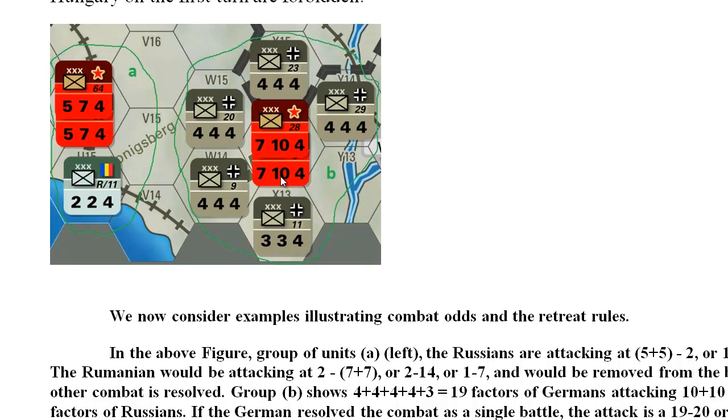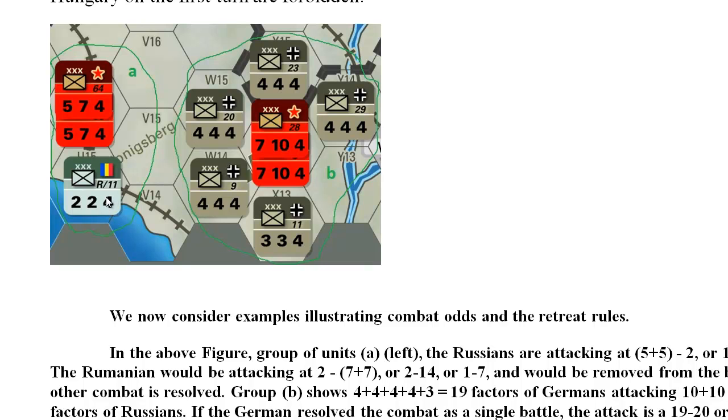Alternatively, the Germans could split the battle into 2 combats, one of which is fought at, say, for example, 12 to 10 or 1 to 1, and the other is fought at 7 to 10 or 1 to 2. So these two units could attack this one, and these three units could attack the 28th Infantry.